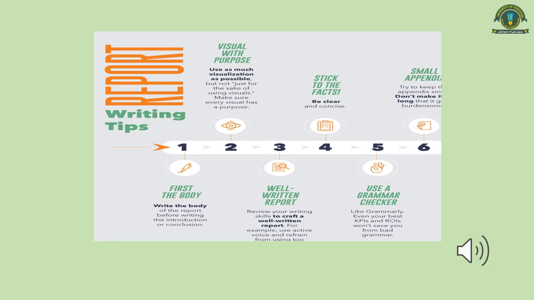Then the last step is small appendices. It means that you have to add the references from where you have collected your information. This will further strengthen your report when you depict the references at the end of your report.